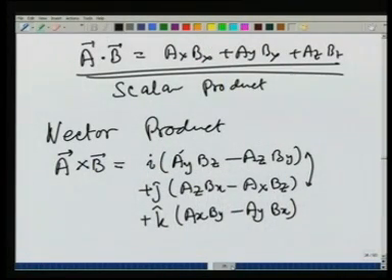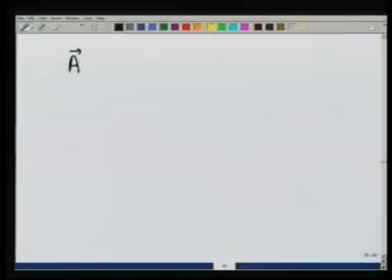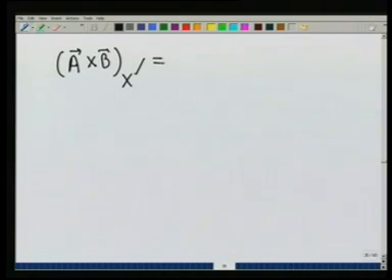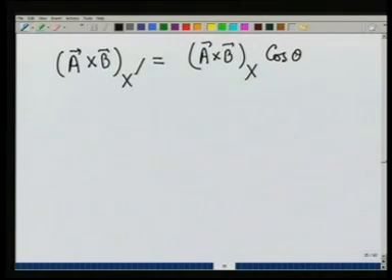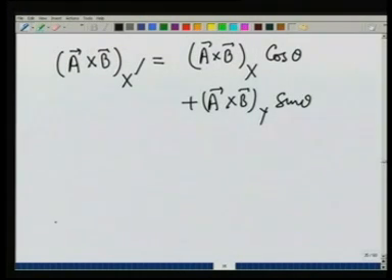And I leave it as an exercise to show that A cross B, if I take its component in the x prime direction, is equal to the x component of A cross B times cosine theta plus the y component of A cross B times sine theta.